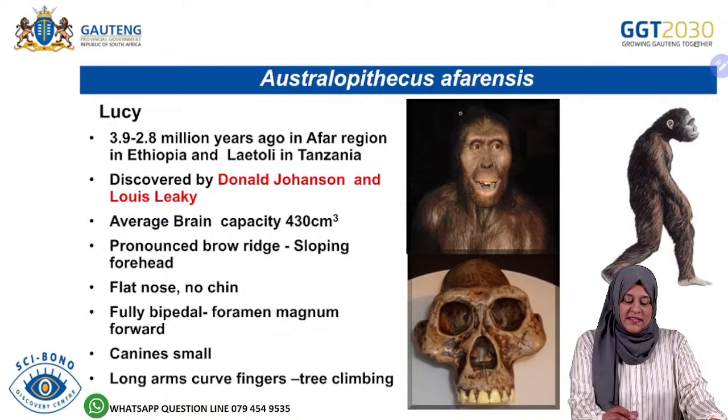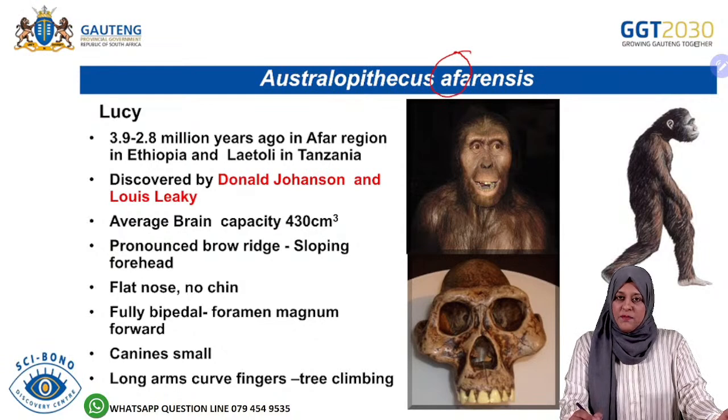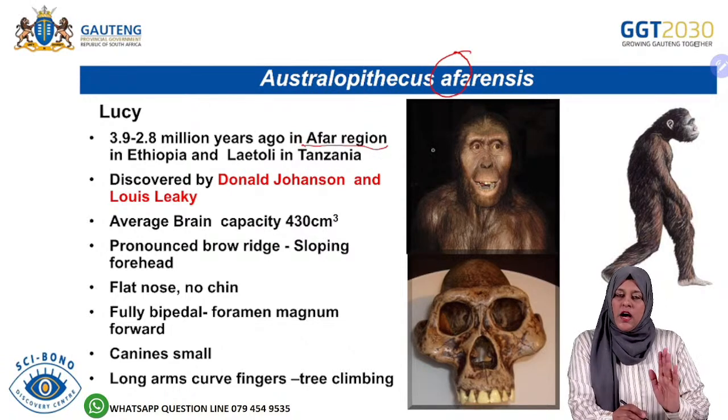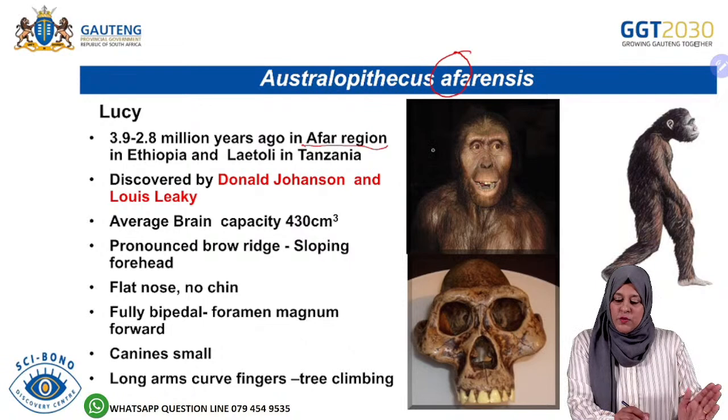Australopithecus afarensis, Afar, was from the Afar region. An example, a nickname, is Lucy. Lucy was discovered in the Afar region in Ethiopia, dated 3.9 to 2.8 million years ago. That is why we say Australopithecus afarensis, Afar. So how are you going to remember Lucy?